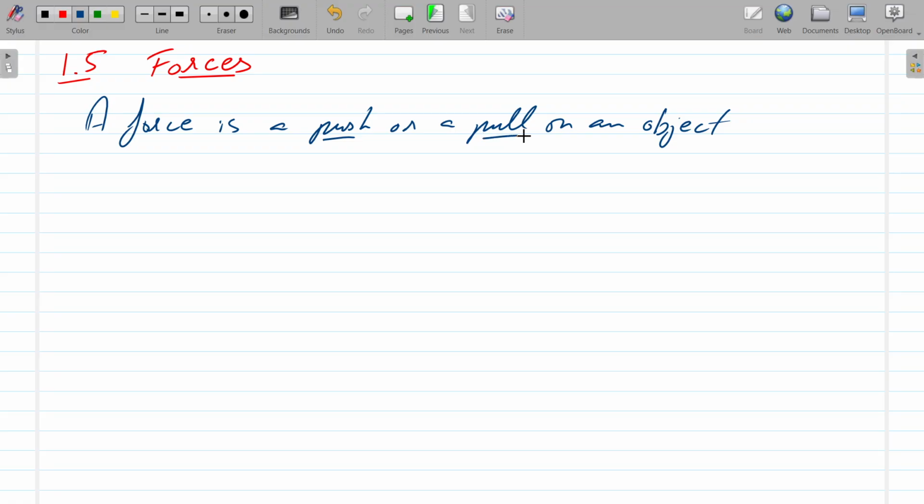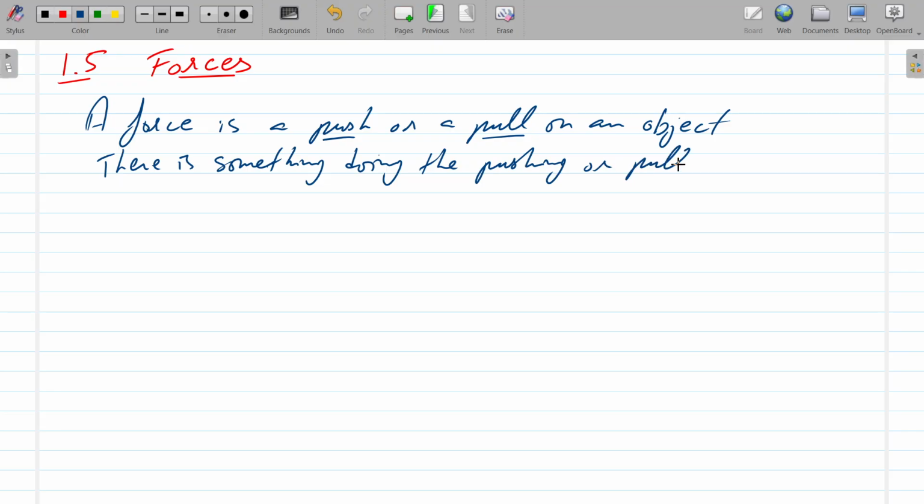If you're talking about a push or a pull, there is something else doing the pushing or pulling, and that can be physical, as in, we are talking about physics so everything's physics, but physical as in more of a material 3D kind of interaction, or non-physical.